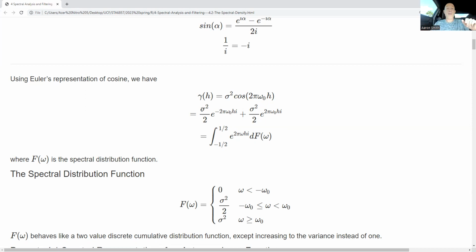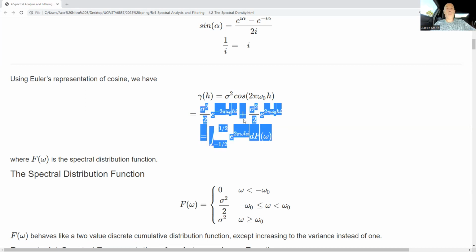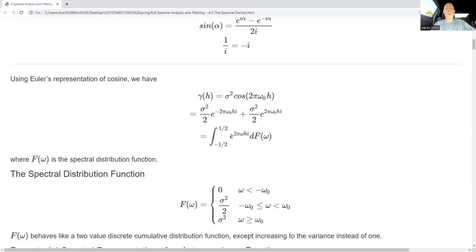When I get to this stage, there's a fundamental identity from your complex numbers course that says this will be equal to e to this power here, integrated with respect to this capital F of omega over negative 1/2 to 1/2. The variable of integration here is omega.